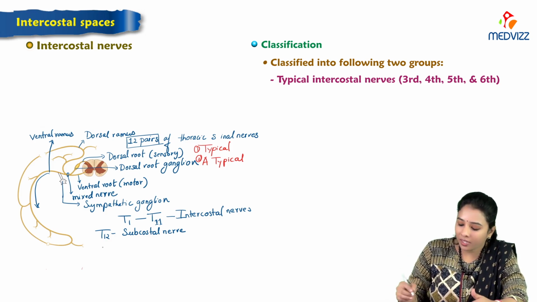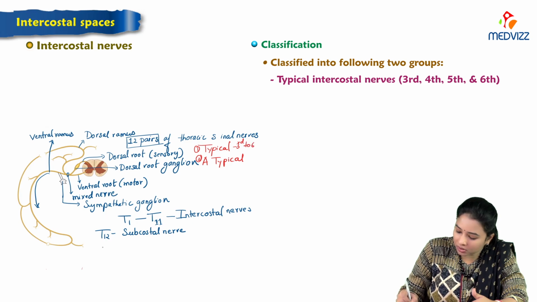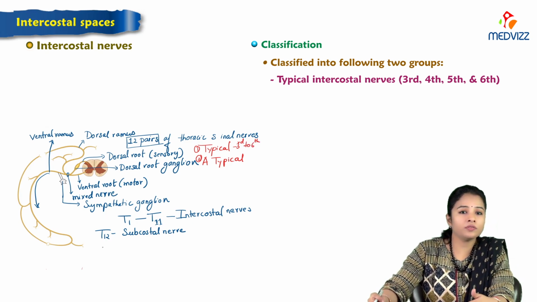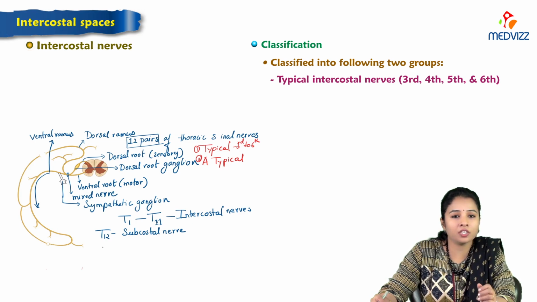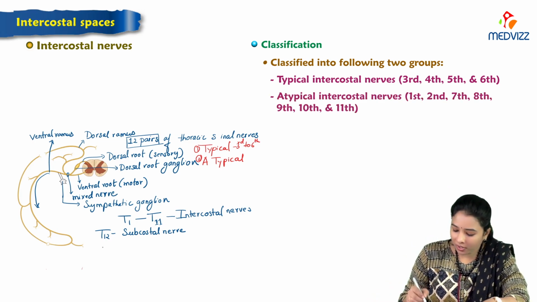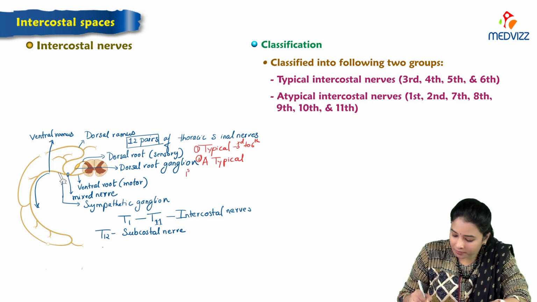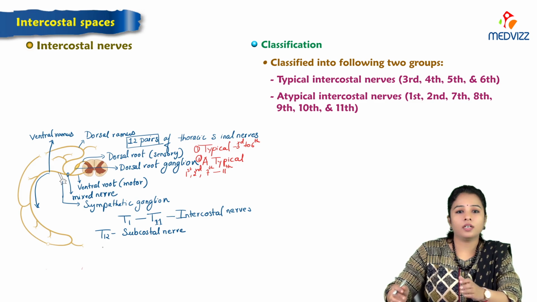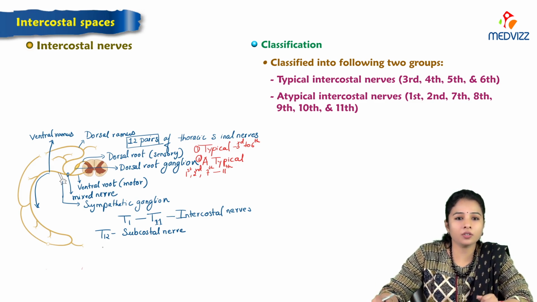The atypical intercostal nerves are the rest: the 1st, 2nd, and after the 6th, the 7th till 11th.